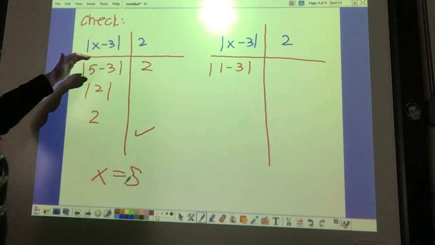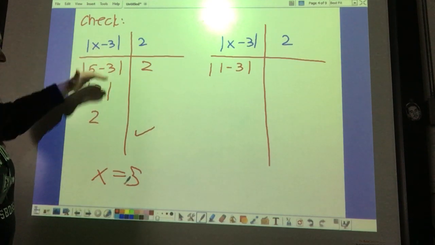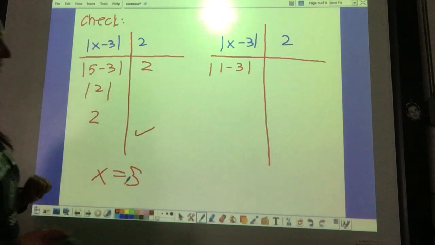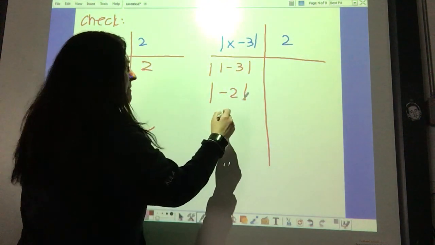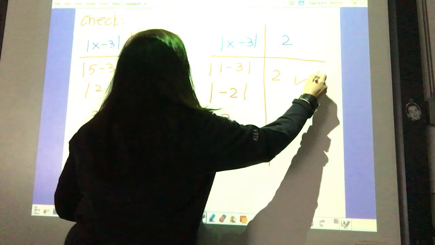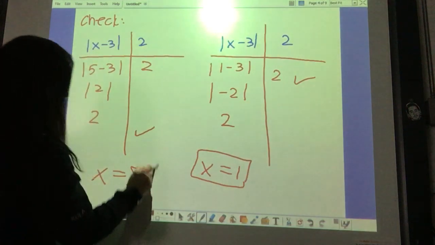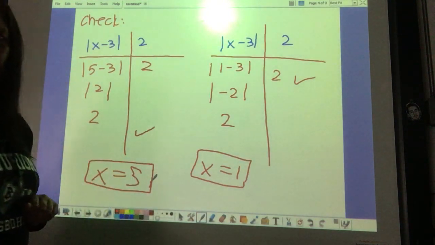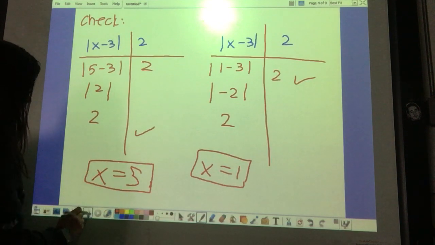And again, another common error I see is students dropping the absolute value brackets too soon. So just follow your work through carefully. Okay, let's try this side. 1 minus 3 is minus 2. The absolute value of minus 2 is 2. So yeah, that works as well. The two solutions we had, we keep both of them. X is equal to 5 and it's equal to 1. That's short, that's pretty easy. Not much more to it than that.